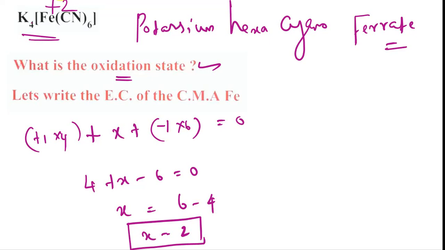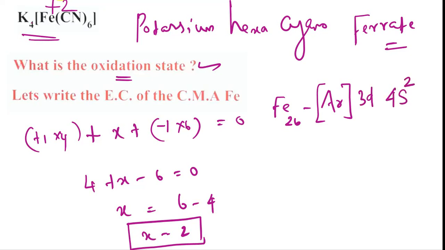The electronic configuration represents iron. Atomic number is 26. So the general electronic configuration is argon, that is 18, so the remaining 8 electrons are there: 3d6 4s2. So this is the general electronic configuration of iron.